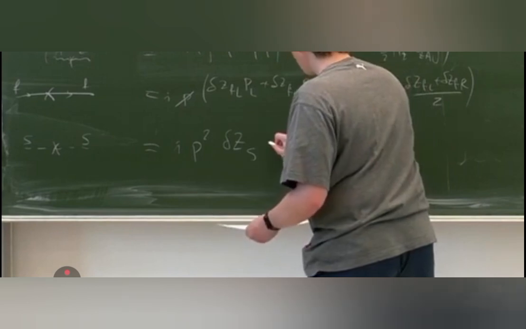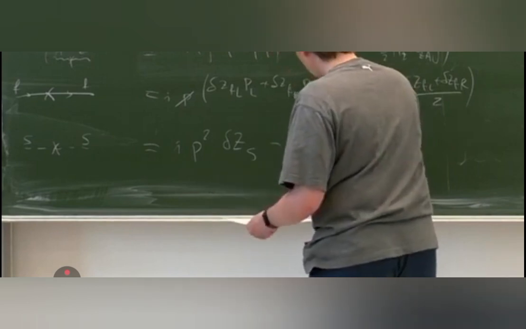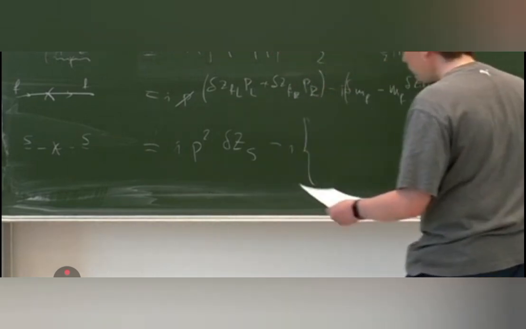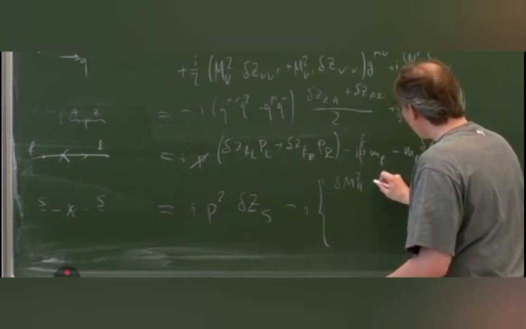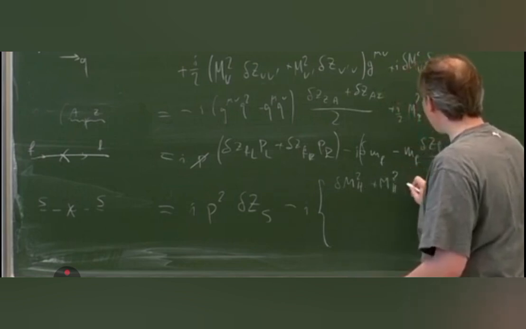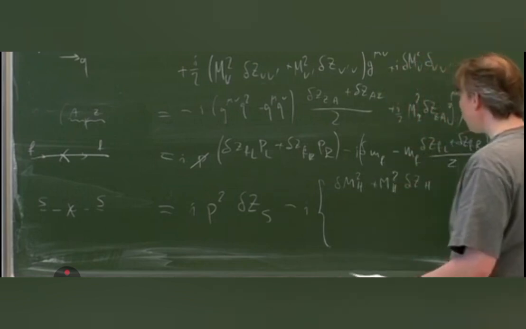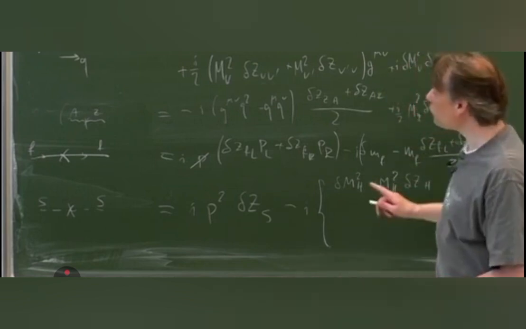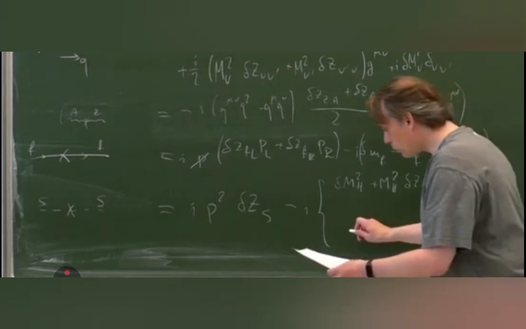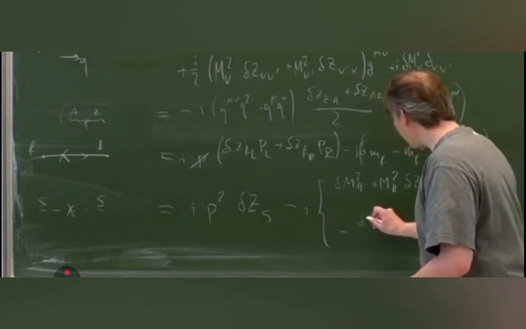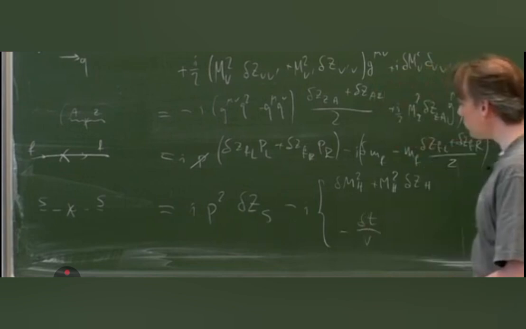And then for the mass, we get minus I times the following. In the case of the actual physical Higgs, we have delta M Higgs squared plus M Higgs squared times delta Z Higgs. And for the Goldstones, we do not have zero, even though the Goldstones are would-be massless, would-be Goldstone bosons. We do not get a zero counter term, but instead we get minus delta tadpole divided by the vacuum expectation value.